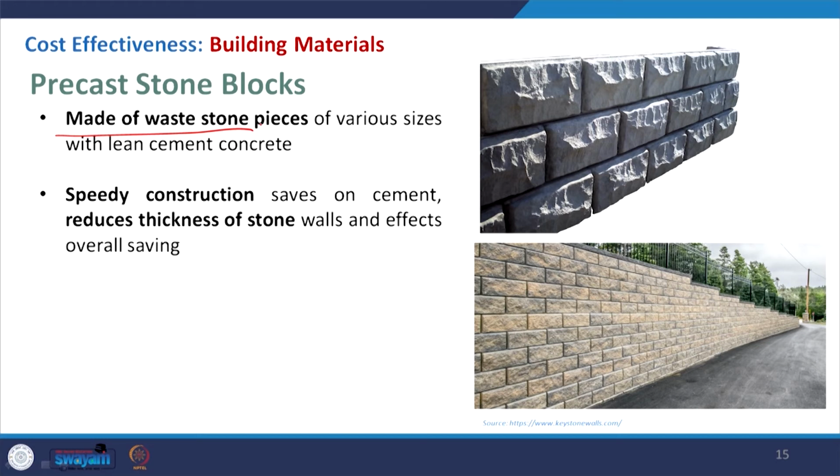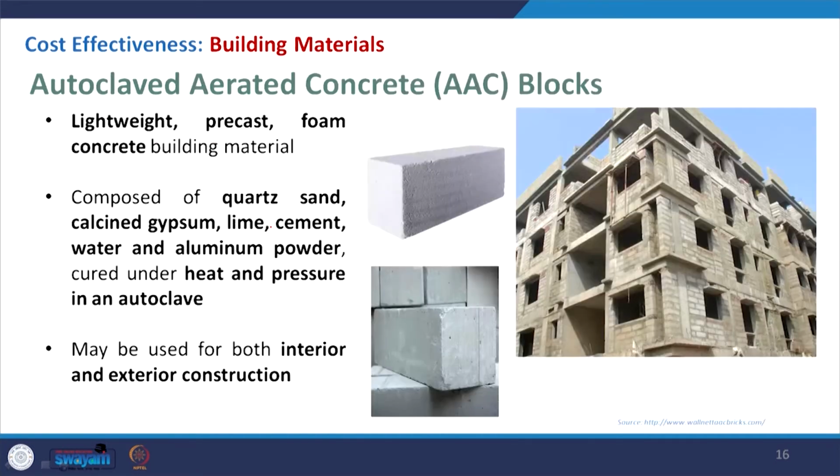Sometimes even the stone dust can be added in the cement concrete mortar, and that can give a precast block, a little bit bigger than the conventional brick size, and that can give you nice aesthetic value as well as good strength to make this kind of construction. The construction is speedy, and in this case it can save the use of cement and all.